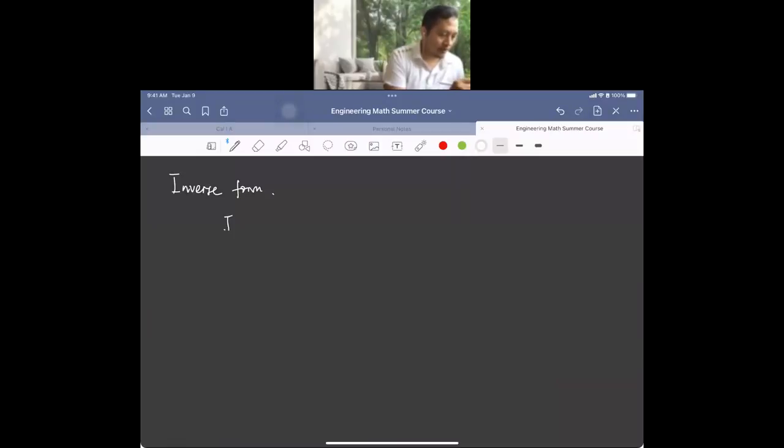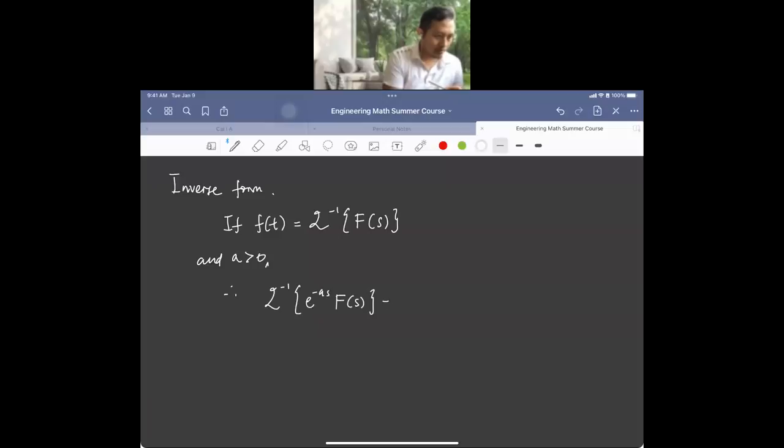If f of t is the Laplace inverse of the capital F of s, and a is positive, then the Laplace inverse of e to the negative as times F of s equals f of t minus a times Heaviside t minus a.